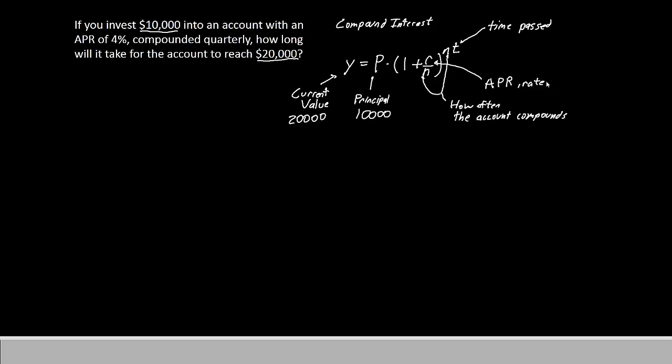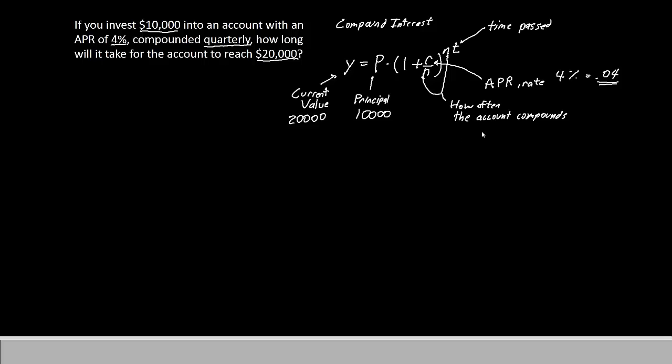Okay. We also need to know the APR rate. The APR is 4%, but we have to write that in decimal form. 4% is the same thing as 0.04, and that's what we are going to use for the APR. N represents how often the account compounds, and it says it's compounded quarterly.